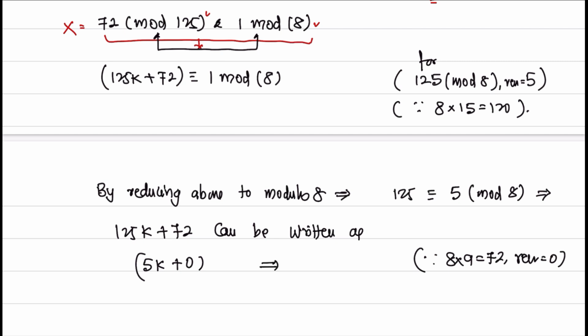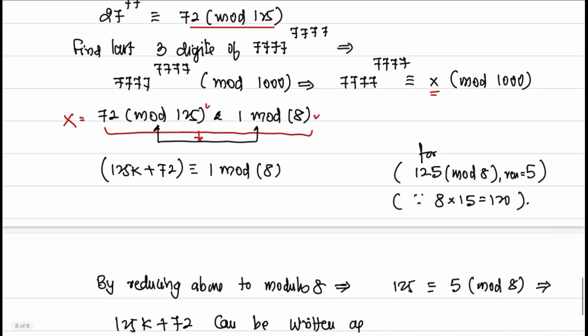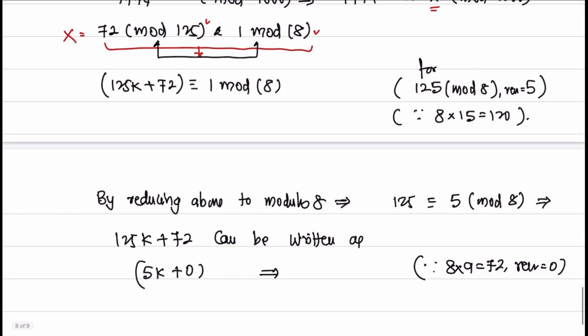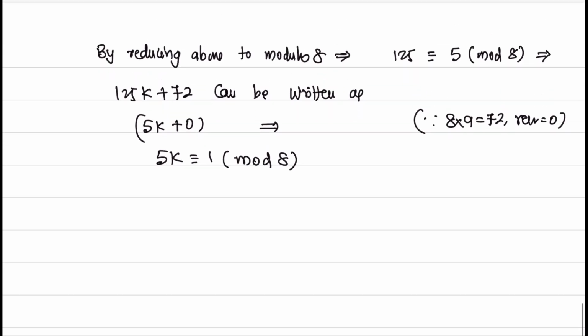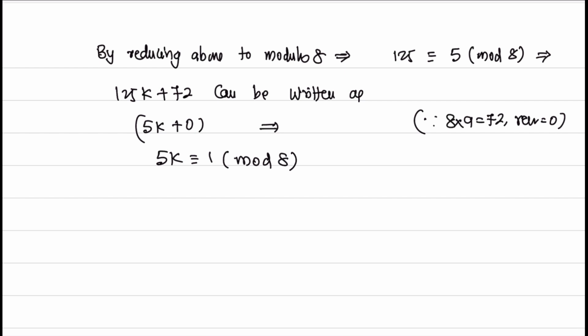Which implies 5k is equivalent to 1 mod 8. This is the final answer. From this we have got it: 125k we have converted to 5k plus 0, and 5k is equivalent to 1 mod 8.